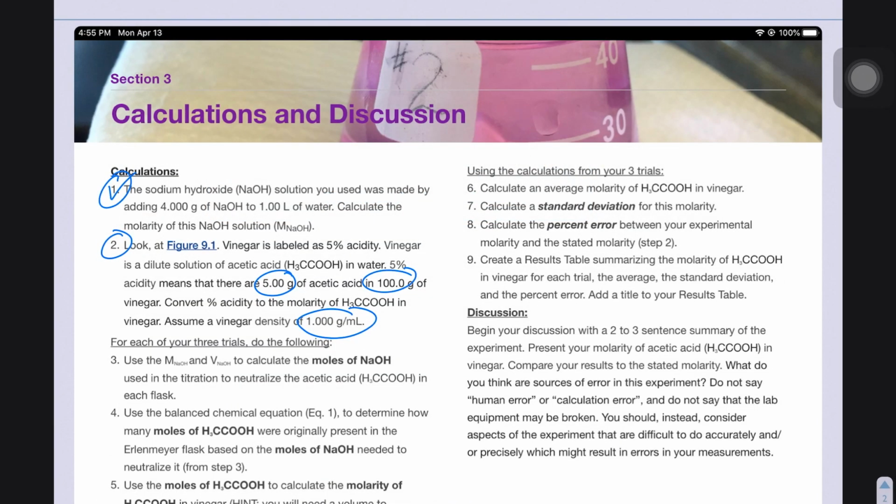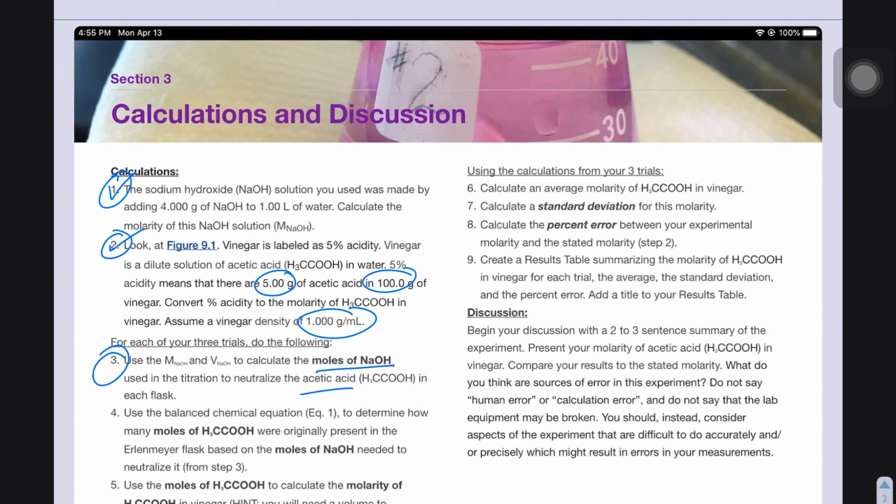Okay, so now you should have finished step 2. You're ready for step 3. So what step 3 is asking you to do is calculate the moles of sodium hydroxide that you used to neutralize all the acetic acid. So remember, what we did in the titration was we added sodium hydroxide. That's what was in the burette. That was our titrant.